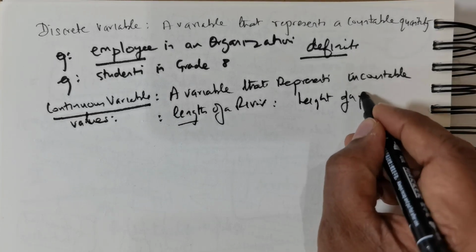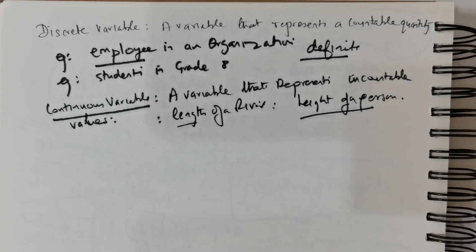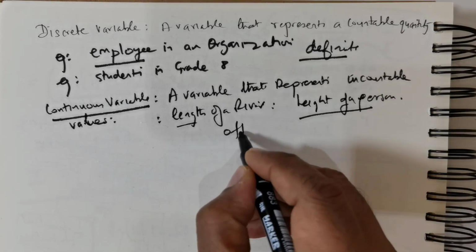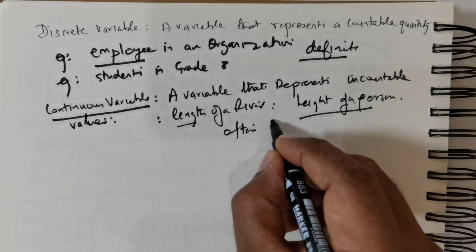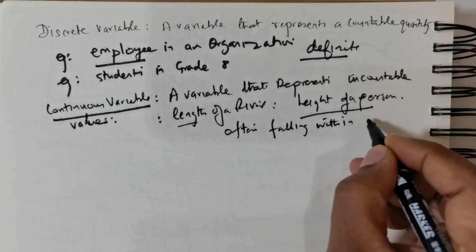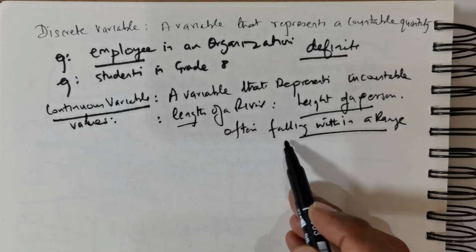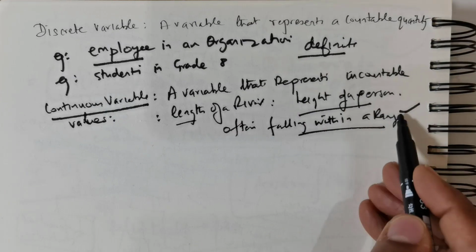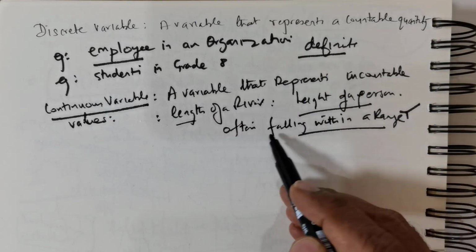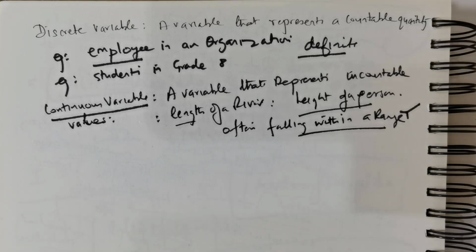Of course, we would give a range, often falling within a range. So whenever we have a continuous variable, we will adopt this process of studying this variable. Okay, so much for the variable.